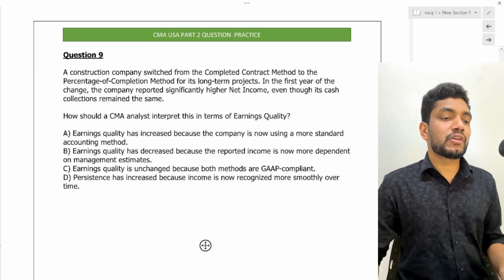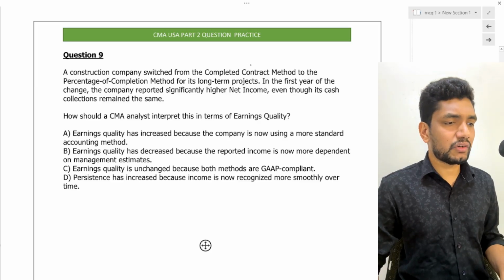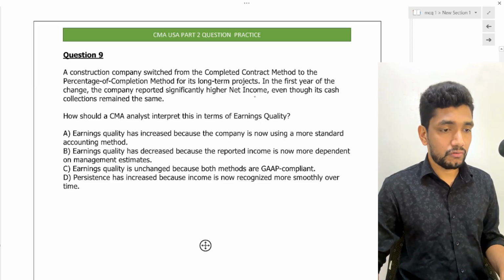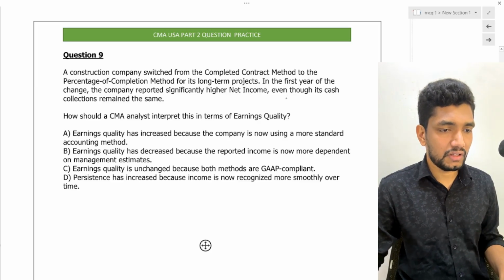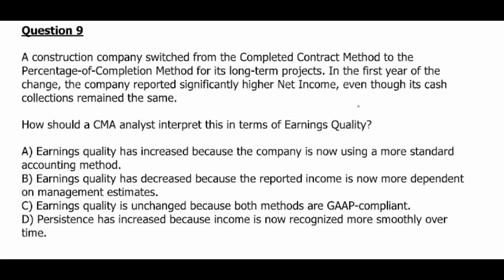A construction company switched from the completed contract method to the percentage of completion method for its long-term projects. In the first year of the change, the company reported significantly higher net income even though its cash collection remained the same. How should you interpret this in terms of earnings quality? Option A, earnings quality has increased because the company is now using a more standard accounting method.